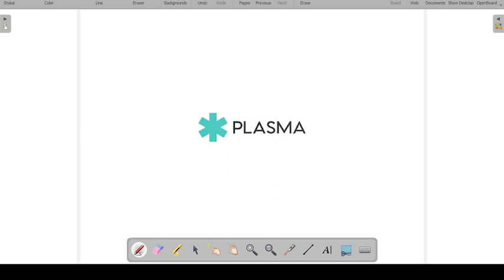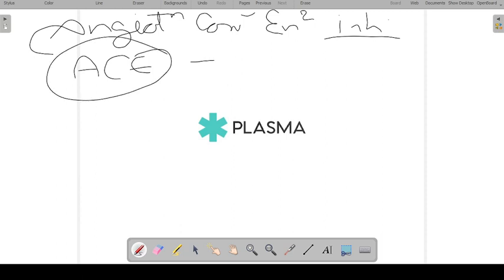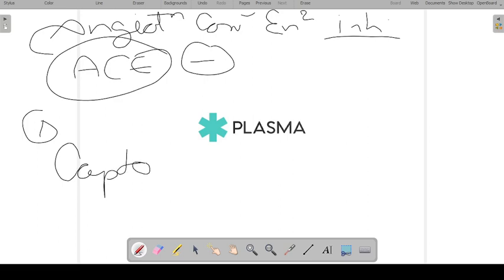Next subclass, we'll move on to angiotensin converting enzyme inhibitors, ACE inhibitors. We'll discuss captopril. The mechanism of action, as the name suggests, is that it inhibits angiotensin converting enzyme.